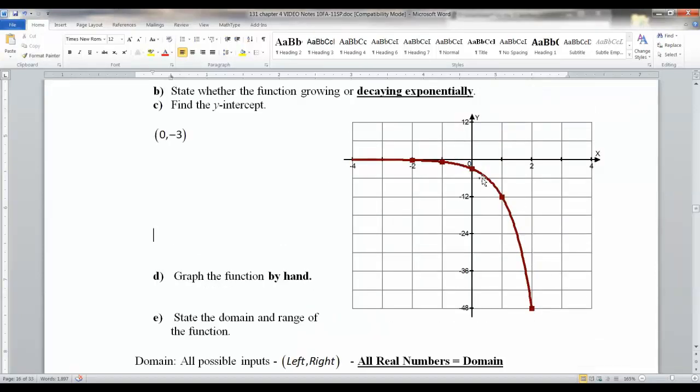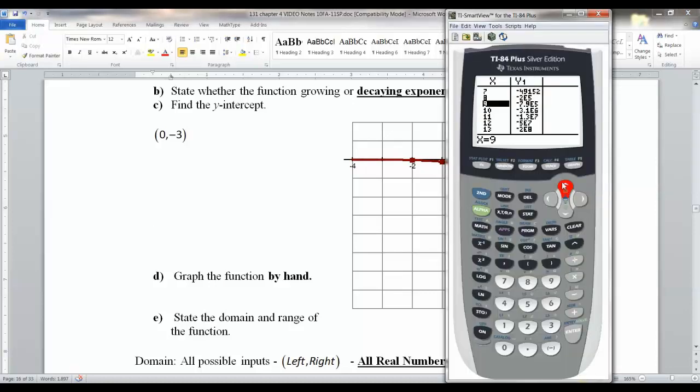It kind of comes up to the x-axis and then skims along it. It never really touches it. You can see that when you look at the table. So you can see as x gets negative, it gets to be smaller and smaller decimals. See that? But it's not 0. It's -0.00, -0.000, and so on. Okay?